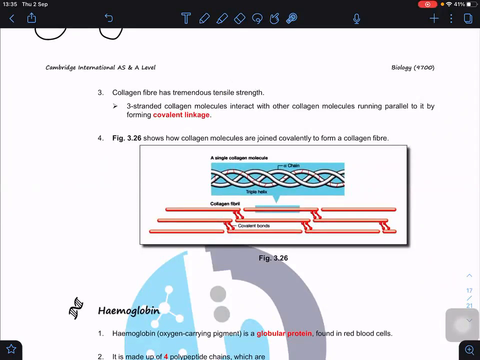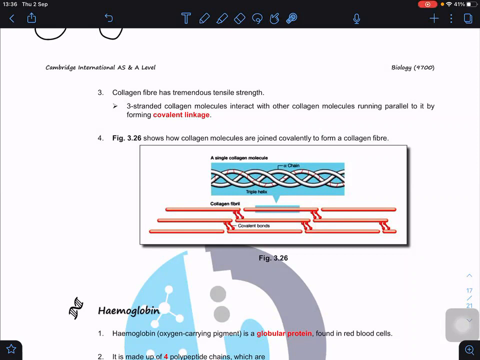Tensile strength because they are coiled, and these three-stranded collagen molecules will interact with other collagen molecules running parallel to them by forming covalent linkage. Can you see that? One, two, three of them, they link. But now they link with covalent bonds.